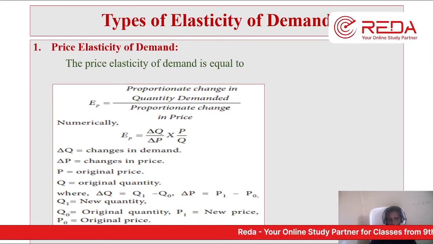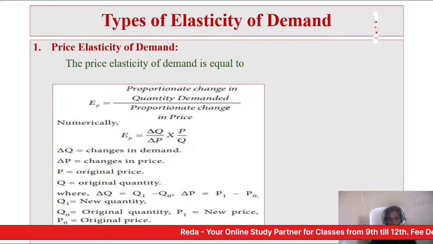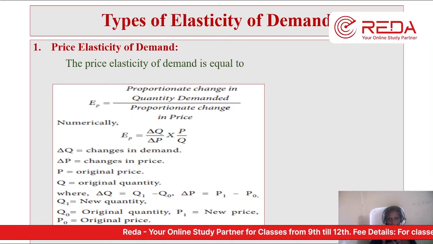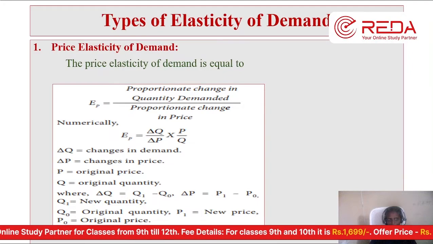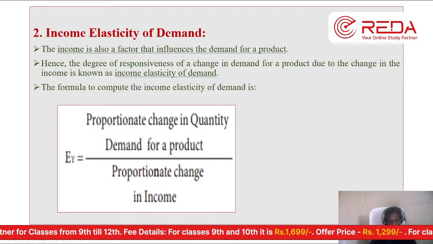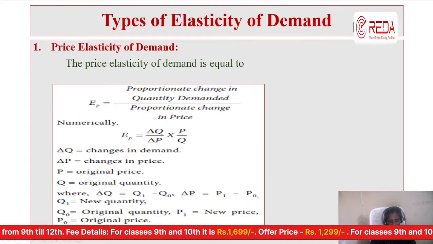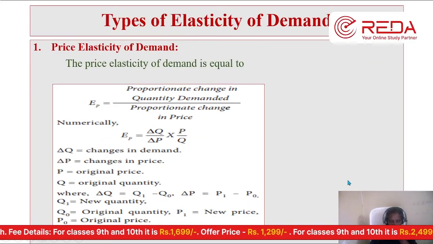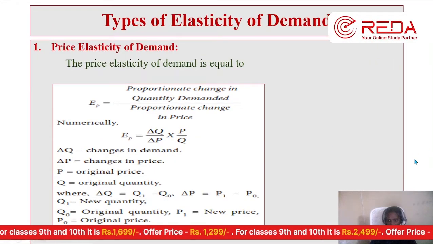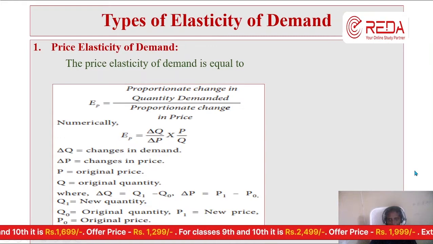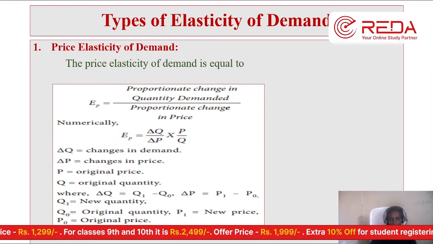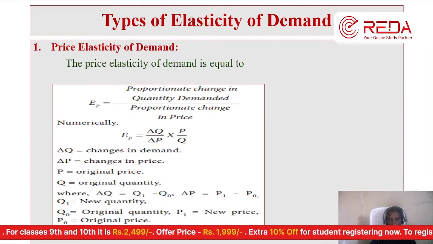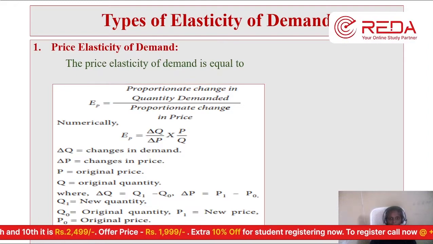Q1 is the new quantity, meaning the demand for the commodity, whether it is increasing or decreasing. With this main concept, we are going to see how we measure the price elasticity of demand. Whenever there is a change in the price level, how far does the quantity demanded change, whether increasing or decreasing.